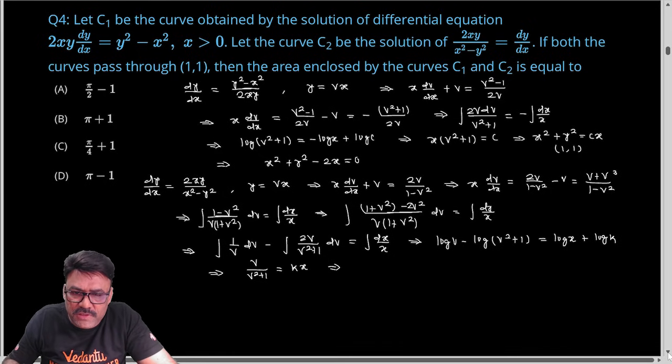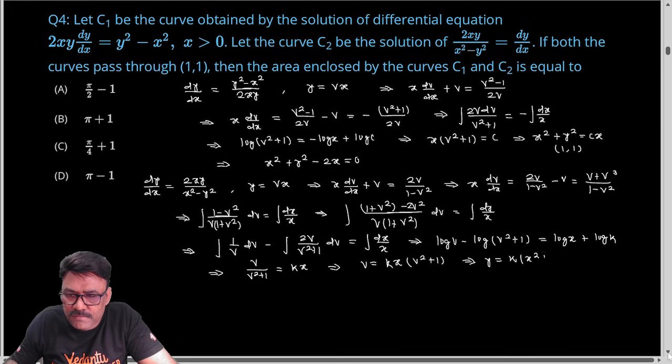It can also be written as v is equal to kx(v square plus 1). Now if you replace v with y by x here, you will get y is equal to k times (x square plus y square).